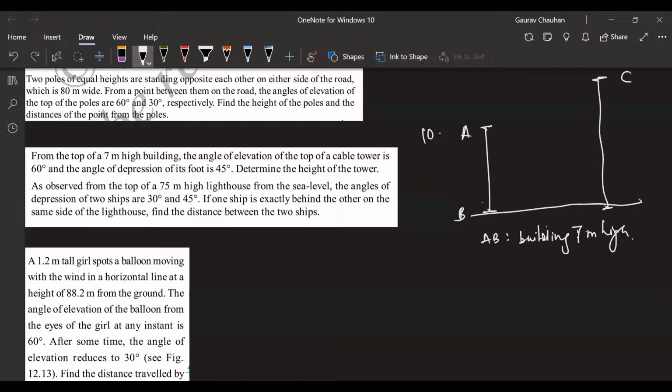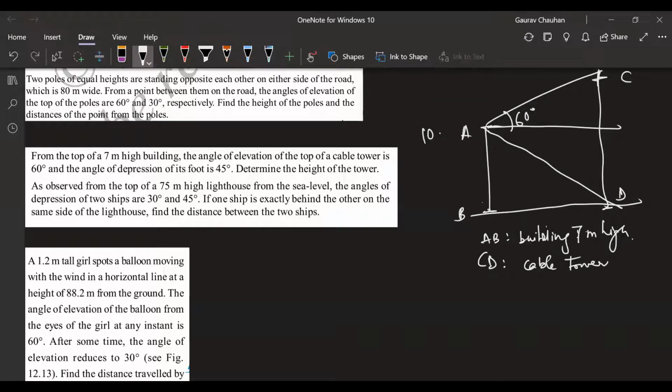So CD is my cable tower. This is 60 degrees, this is horizontal. And the angle of depression of its foot.